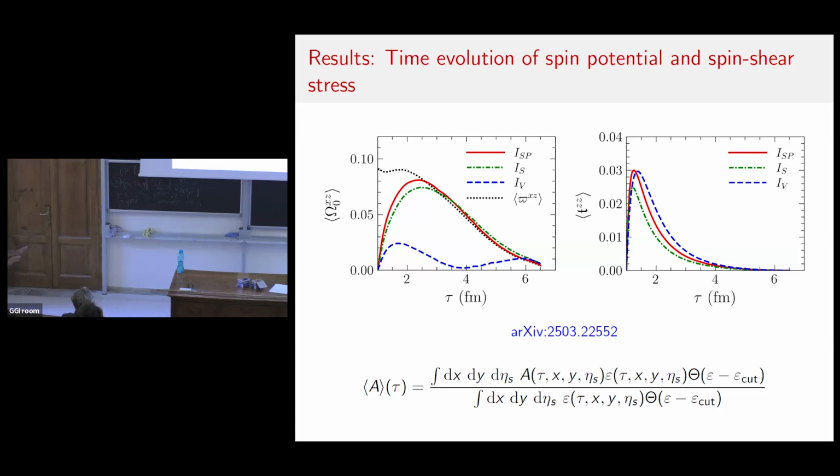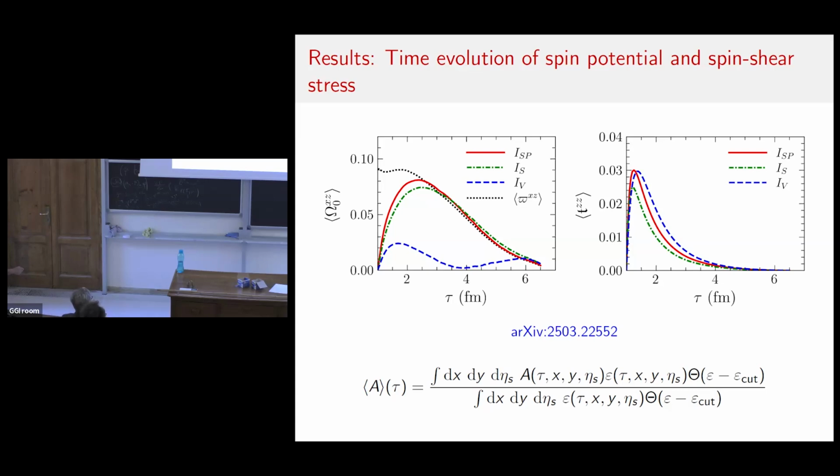Let me first define the mean value which we want to plot, which is a space integration of an energy-weighted quantity, because this is the only quantity we could think of to extract as much information about the spin evolution as possible. Due to the symmetry of the initial condition, when we do this integration, almost all other components of the spin potential will be 0 except for the xz component.